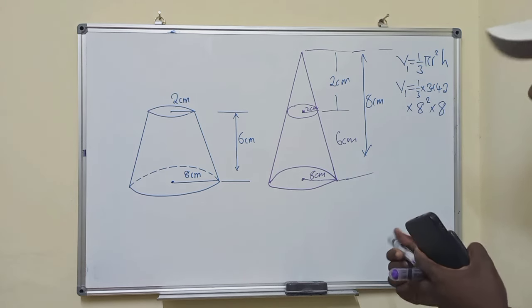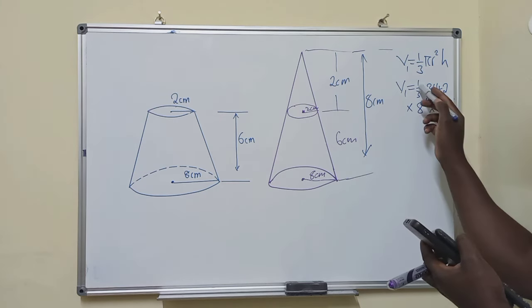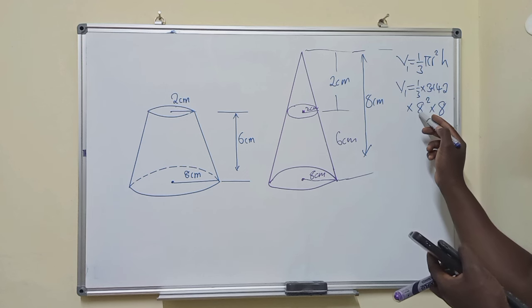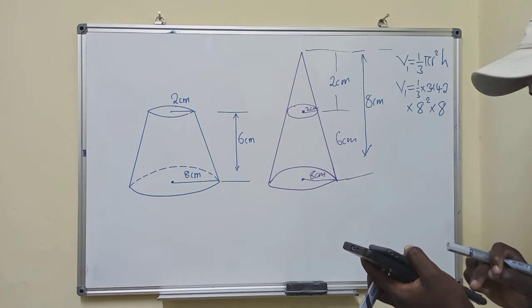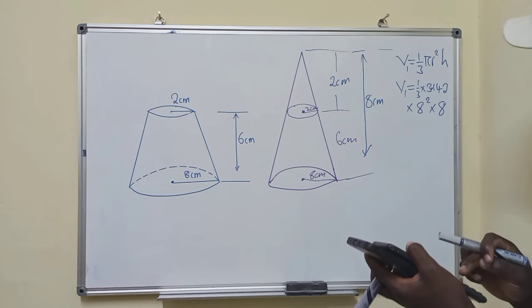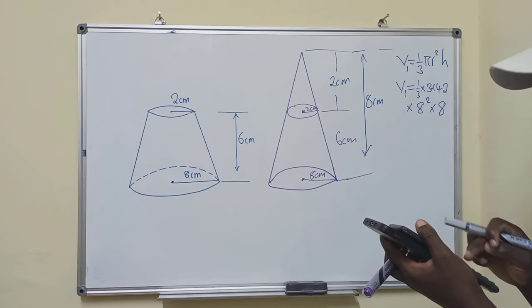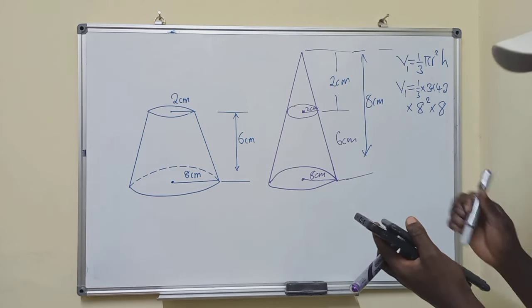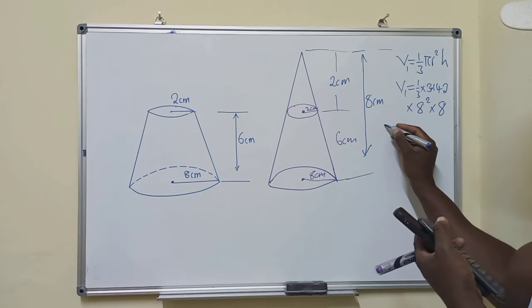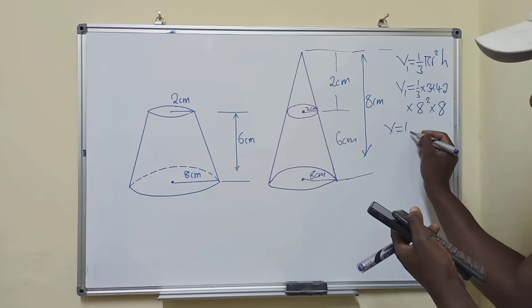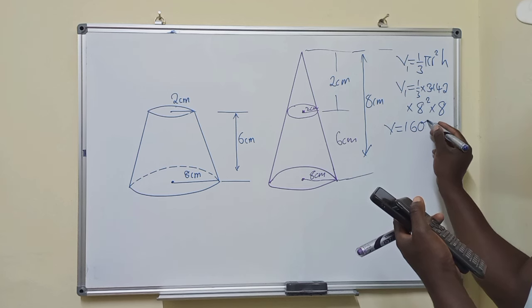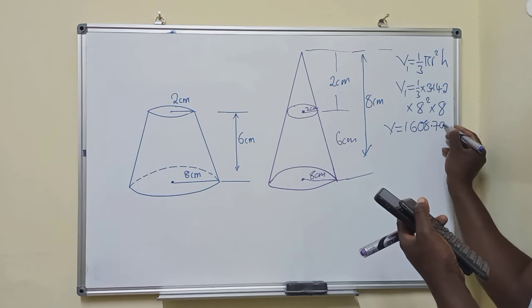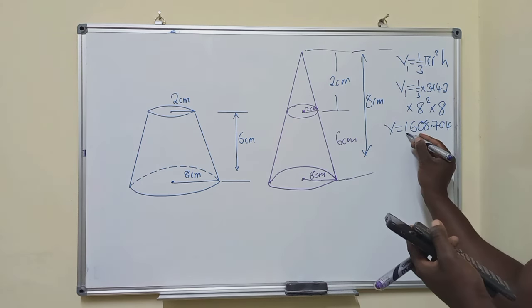So now we get our calculator nicely, punch 1 times 3.142 times 8 squared times 8. Let me see what we're getting right here. So the volume is equal to 1608.704. Hopefully you're getting the same answer.